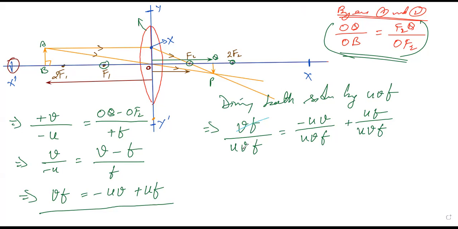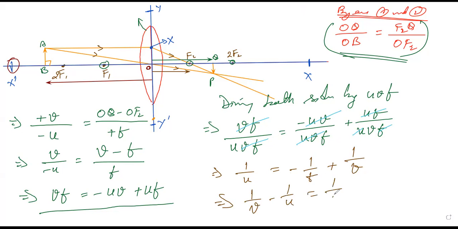VF can be cancelled from VF, UV can be cancelled from UV, and UF can be cancelled from UF. So ultimately you are going to get 1 by U is equal to minus 1 by F plus 1 by V. Now simplify this, and ultimately you get 1 by V minus 1 by U is equal to 1 by F.